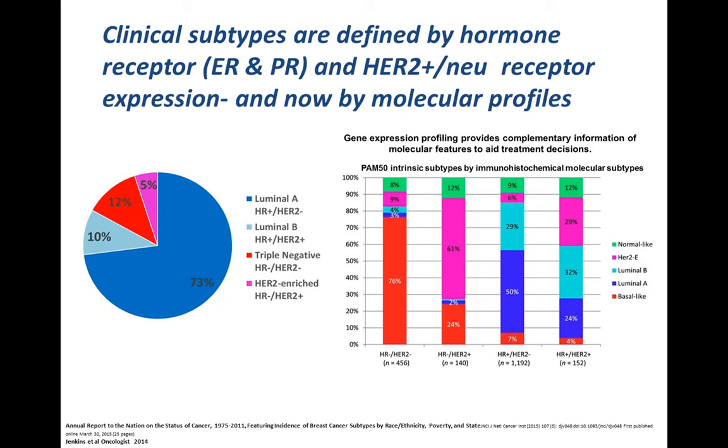So traditionally, we've talked about hormone receptor positive breast cancers that are ER and/or PR positive, or HER2 positive breast cancers. And that leaves a subset of breast cancers that don't express any of those three things.